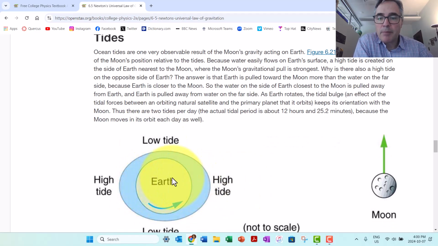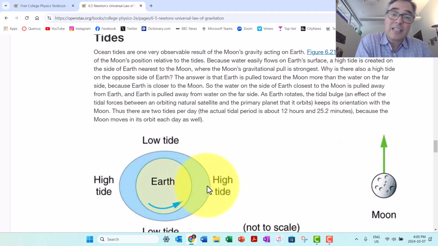Tides are caused by the fact that the gravity force from the moon varies with distance. So there is a stronger force of attraction of the near ocean to the moon than there is in the center of the Earth. So the entire Earth is pulled towards the moon with an acceleration which is due to the force on the Earth, but the ocean that's closer to the moon is pulled with a greater force, and so it accelerates a little more, so there's a bulge called a high tide at the side of the Earth that faces the moon.